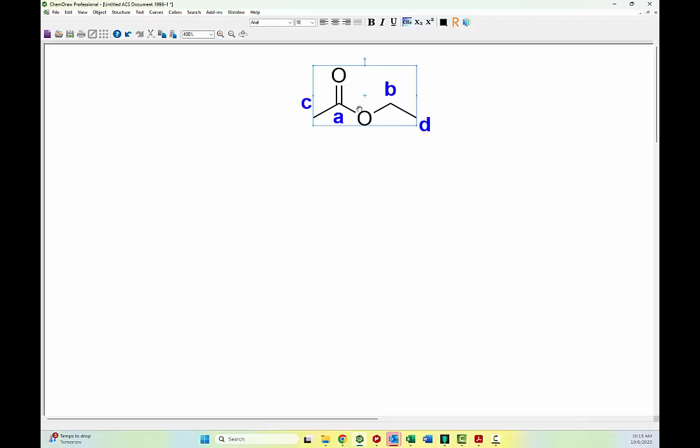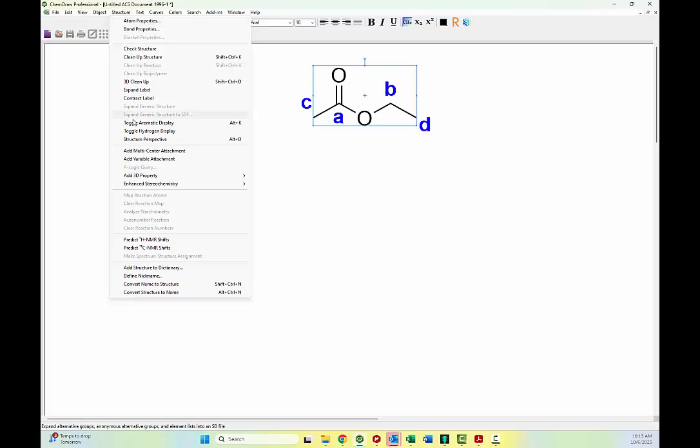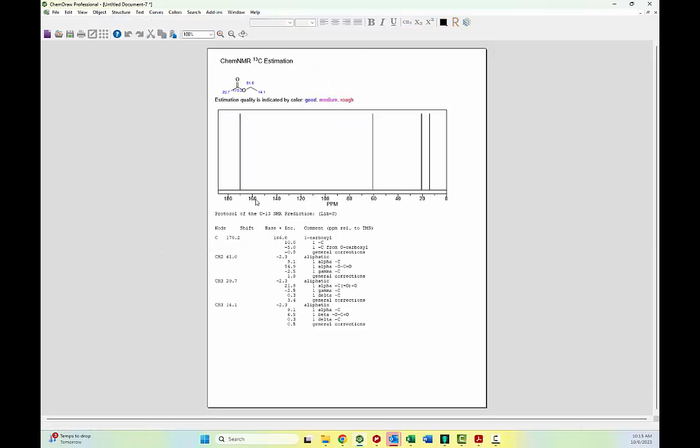And in fact, if you just highlight ethyl acetate itself and ask ChemDraw to perform a C13 prediction, what you will find is that ChemDraw will predict that there are in fact four different carbons, and it will predict them all to have the same height, the same intensity, which is a pretty good proxy for integration. And by the way, ChemDraw predicts 170.2, 61, 20.7, and 14.1, indicating that ChemDraw is pretty decent for C13 predictions.